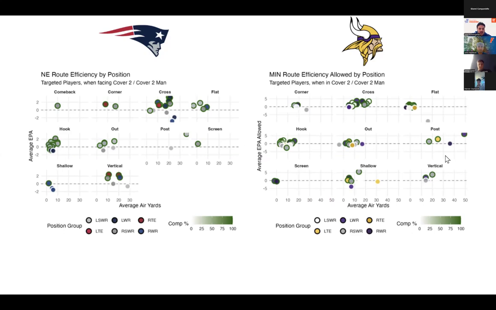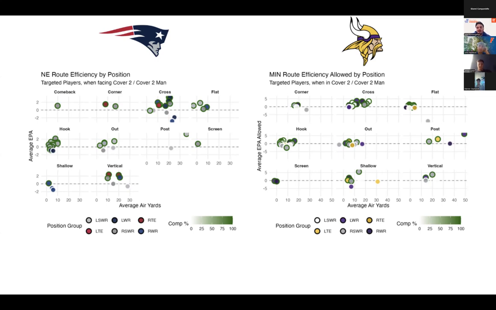And so this chart looks at every route and labels it by the position group so that each receiver is labeled. Essentially what we see is that New England is very, very successful on crossing routes, hook routes, and vertical routes on cover two. The completion percentage is the green outlines on each dot, and so New England completes a lot of their passes.